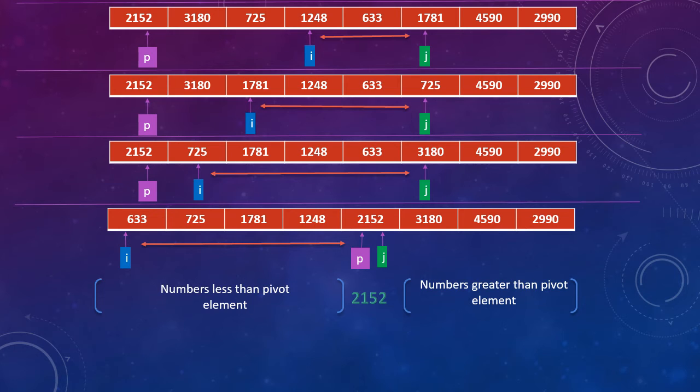Proceeding like that, you will finally get an array like this, and here we get the pivot element in the middle, 2152, and i is 633 and j is 2152. So the numbers less than the pivot element, 2152, are on the left half, and all the elements greater than 2152 are on the right side.